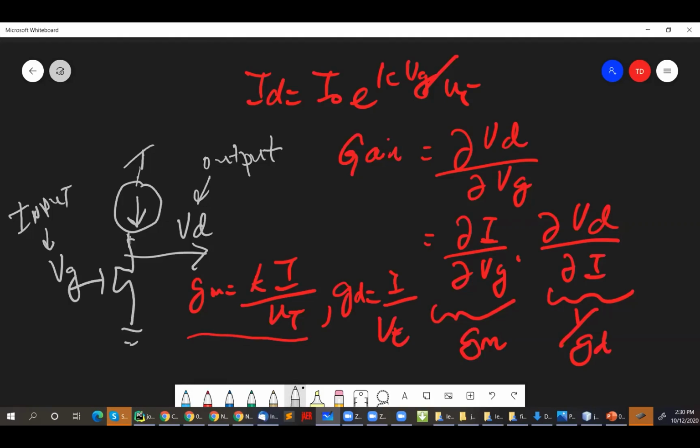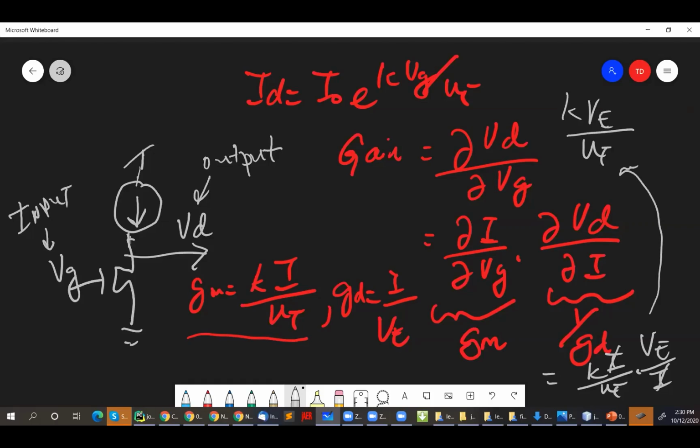This is going to look messy. So this is equal to kappa I over UT times VE over I. Then you can cancel out the I. So in the end, this is going to be capital VE over UT, right?